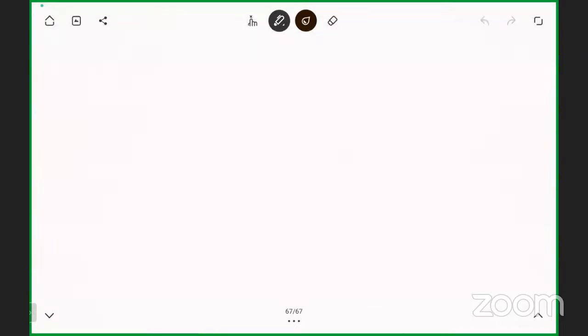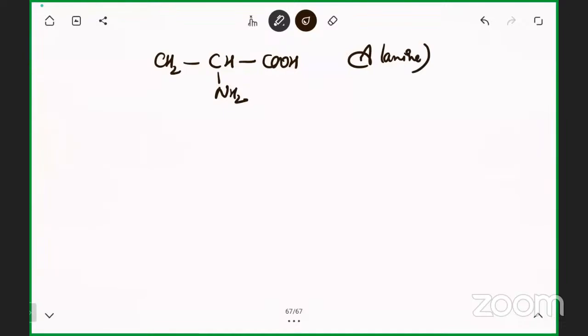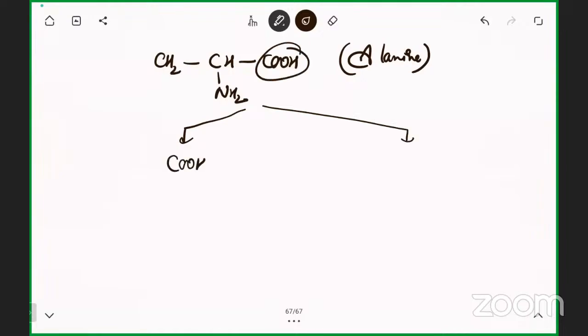One more example I'm taking: CH3, CH, COOH, with NH2. This is a compound known as alanine. It's an amino acid. So two Fischer projections I can make of this compound. First carbon you have to show as it is.